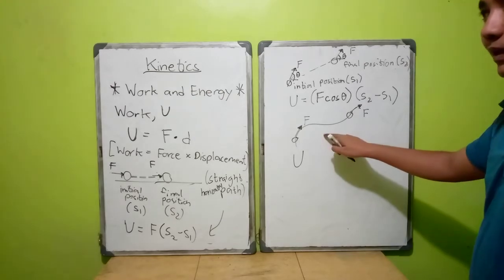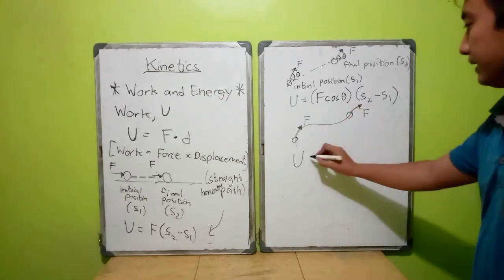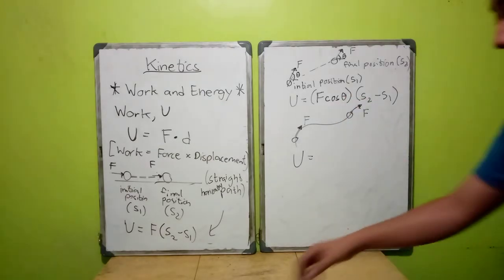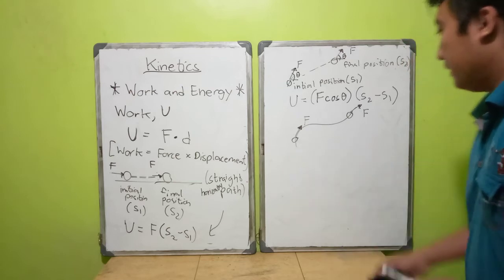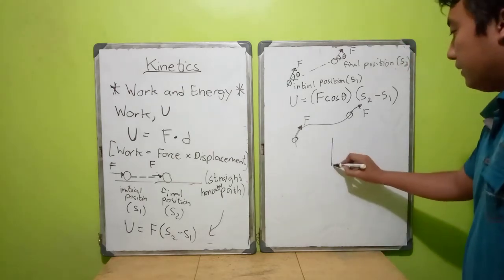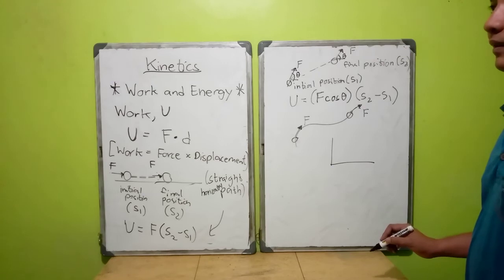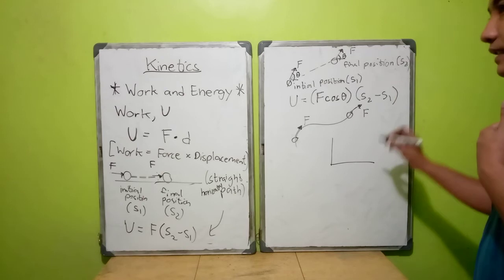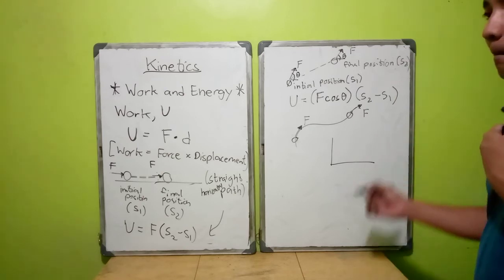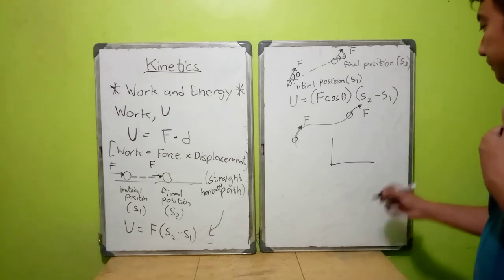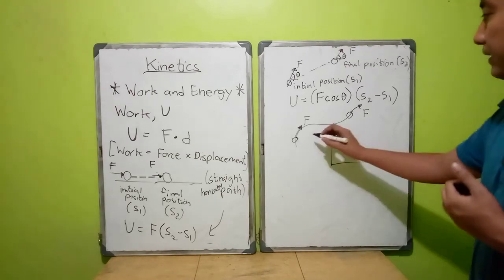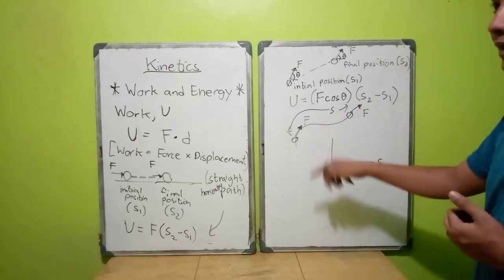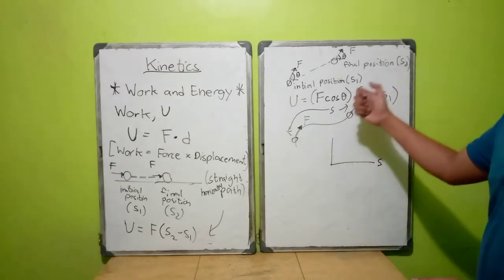You can graph this movement of your force from a fixed axis. Let us say your erratic motion will be in the S direction, so it could be curvilinear.